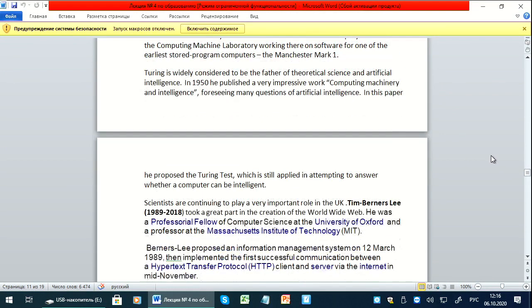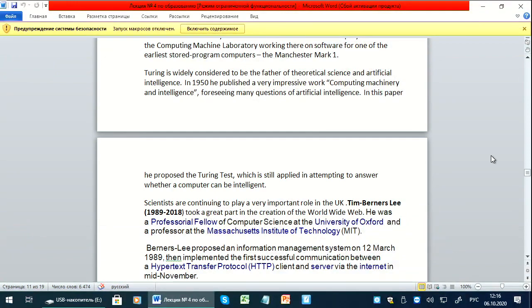So, some other scientists and technologists. Scientists are continuing to play a very important role in the UK. Tim Berners-Lee, who lived from 1955 to 2018, took a great part in the creation of the World Wide Web.